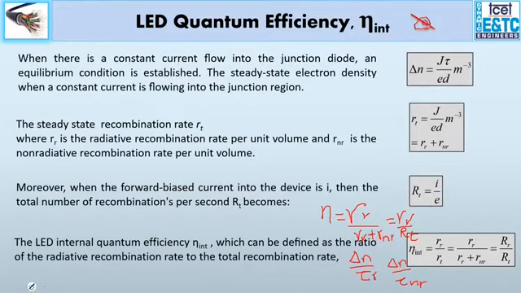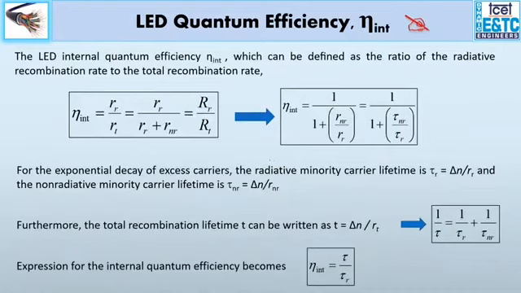If I substitute it here, I can also write that relation: eta r, radiative recombination by total, or radiative plus non-radiative, as 1 by 1 plus RNR by R. If I substitute the values, we get it in the form of minority carrier lifetimes.